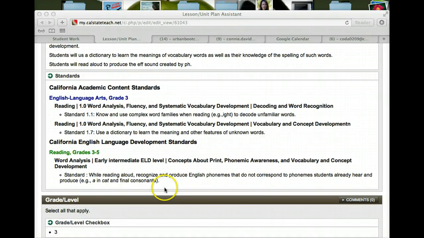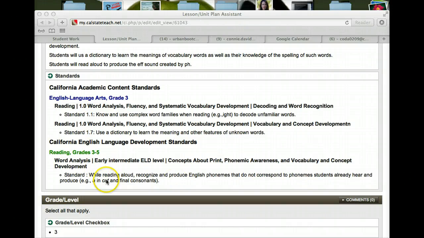In addition to this standard telling you what a student is supposed to be able to do, it also tells you what you need to do, and I'll show you later on when it asks about the adaptations, how you need to frame this lesson and adapt it from what's in general to how you are going to make it specific to English language development.